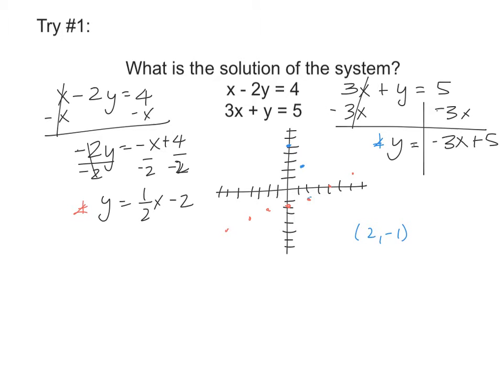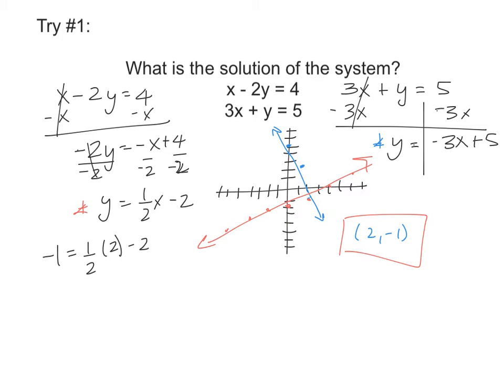So let me go ahead now and create my lines. Not as important, but just to go ahead and fix it. And let's make sure that this point works. So here we go. If I substitute in 2, negative 1, I will have, for the first equation, negative 1 equal to 1/2 times 2 minus 2.